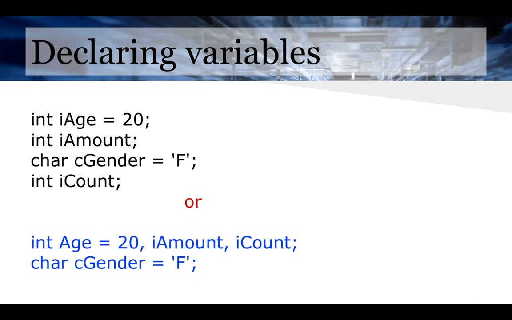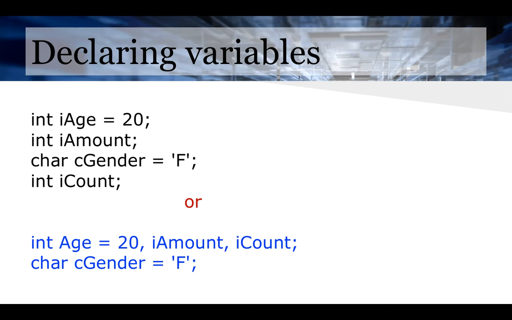Now, another way of declaring variables is that rather than using one instruction for each declaration, when you are using different variables with the same data type, you can group them together in one single instruction. So in this particular example, you have age, amount, and count. You have three instructions for three variables.